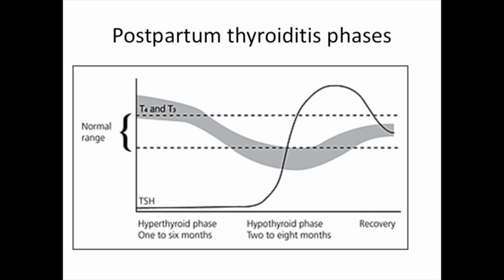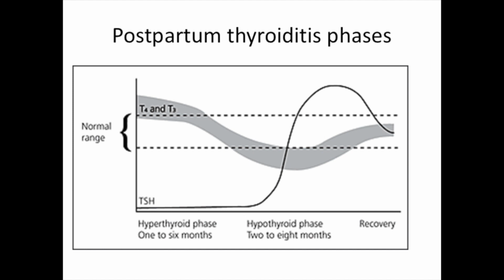So if the patient presents to you in the first 12 months after delivery complaining of insomnia, restlessness, loss of weight, easy cry, irritability, all this might tell us that this patient is suffering from postpartum thyroiditis and not hyperthyroidism.